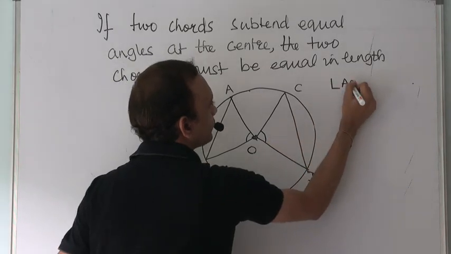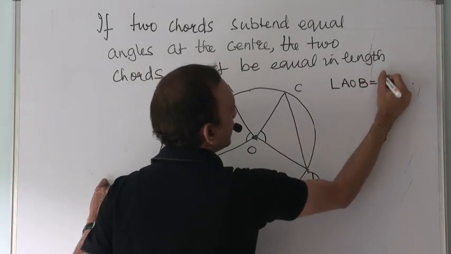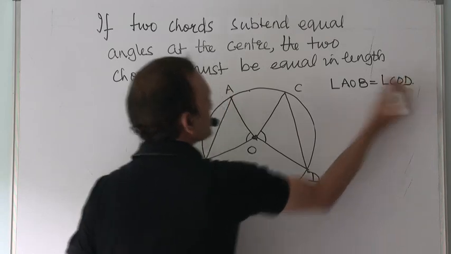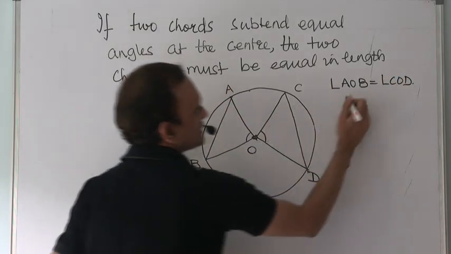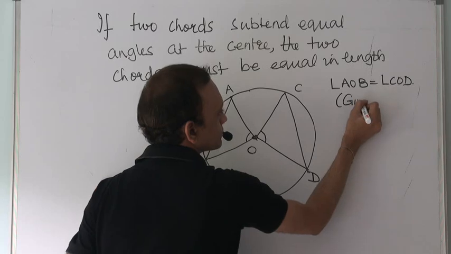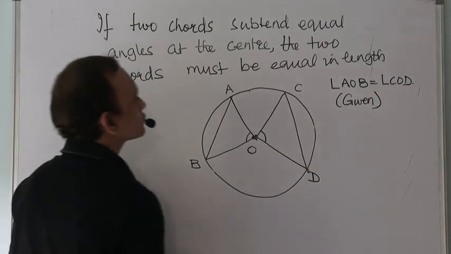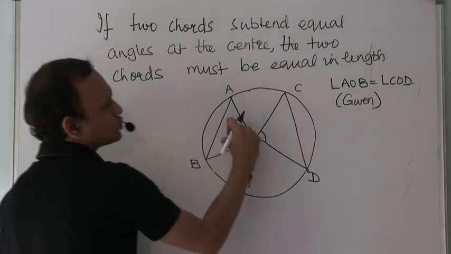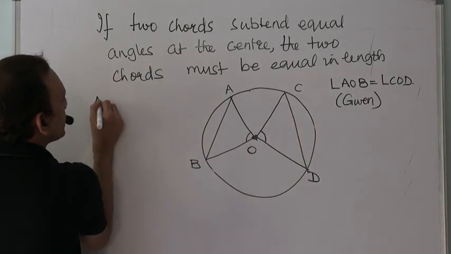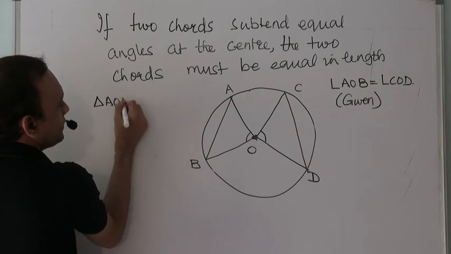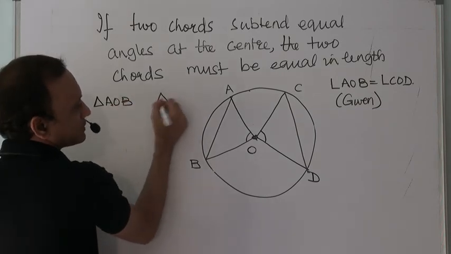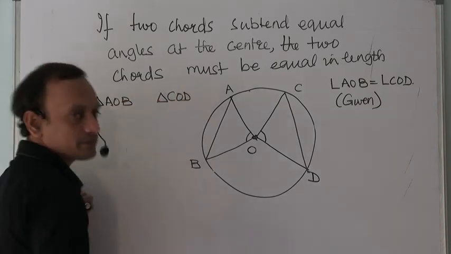Angle AOB is angle COD. That's given. Good. Now, realize once again, if I have to compare AB and CD, we wish to compare triangles AOB and COD.